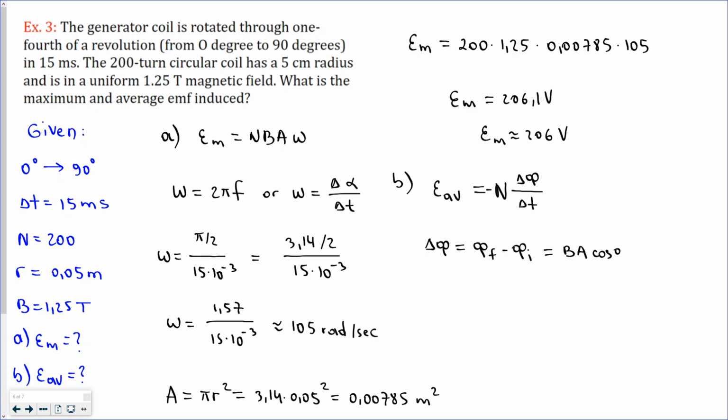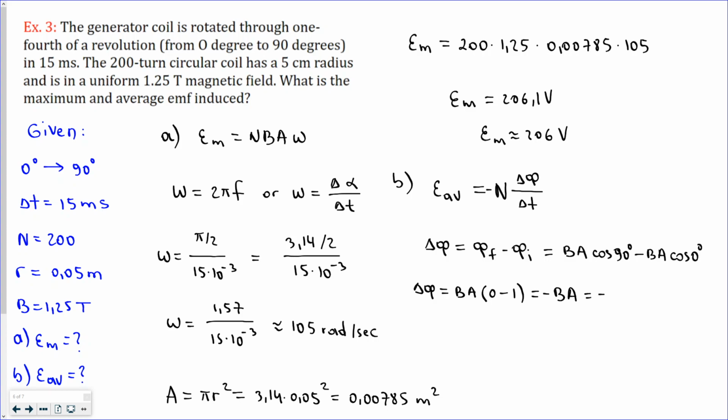So the final state is when the angle is 90 degrees, minus cosine 0 for the initial state, when the angle is 0 degrees. So the change in flux is BA times cosine 90, which is 0, minus cosine 0, which is 1. So we have minus BA.